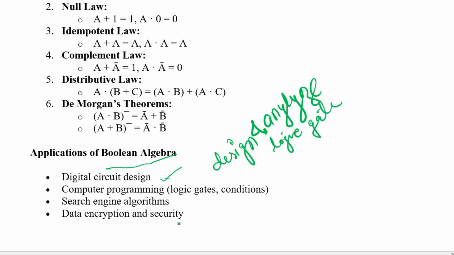Next, it is used in the area of computer programming. We are using conditions and logical programming. Then it is also used in set theory, because Boolean algebra can be seen as a way to represent and manipulate sets and their operations, for example union, intersection, and complementation.